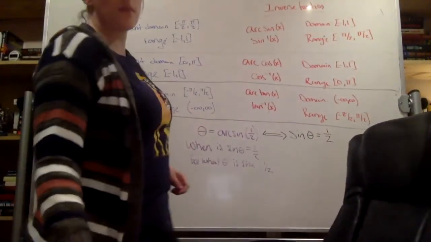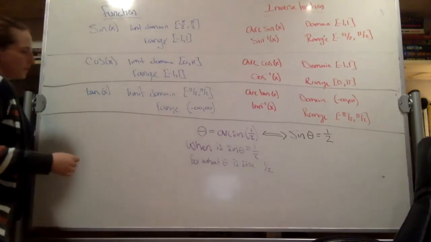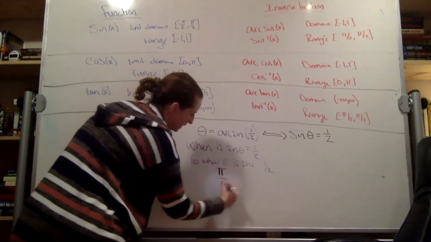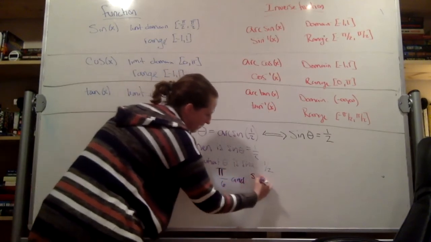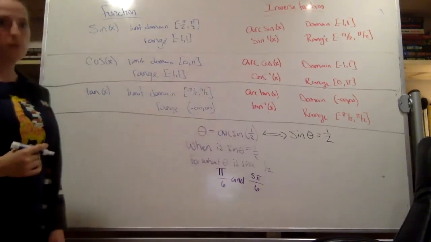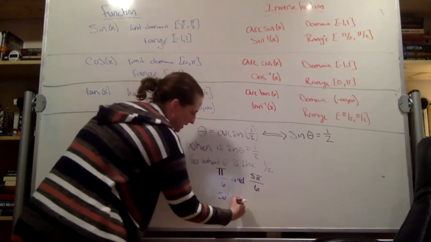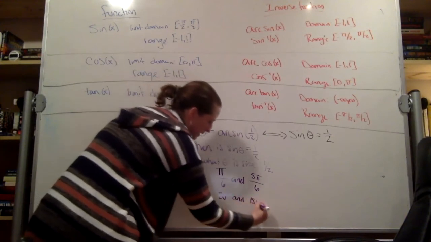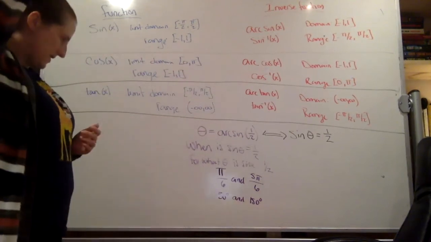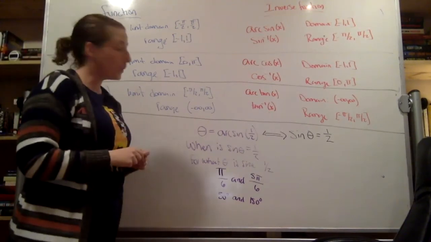We saw from our unit circle that there were two places that this was true, when theta was π/6 and when theta was 5π/6. If you prefer to work in degrees, we're going to be flexible and try to do both. You can think of this as 30 degrees and 150 degrees.